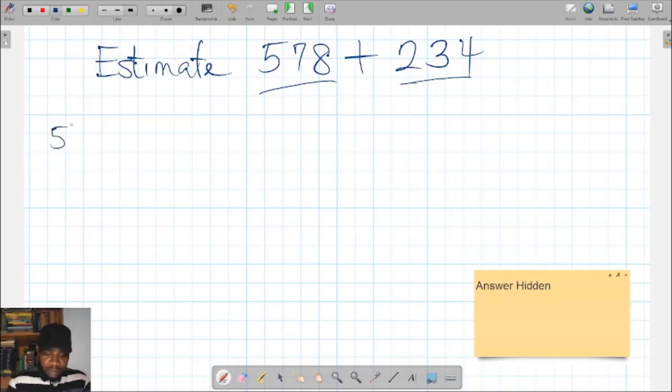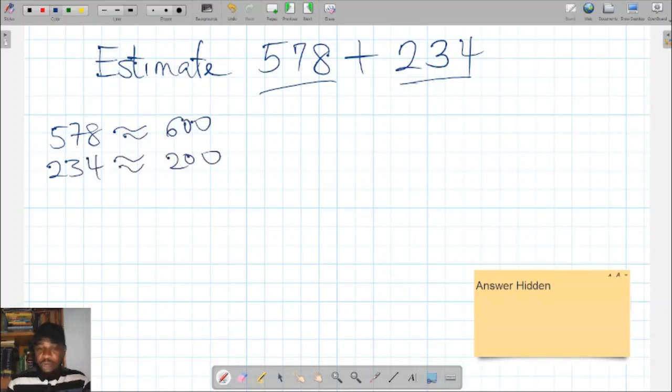So 578 is approximately equal to 600. 234 is approximately equal to 200. So instead of calculating 578 plus 234, I can just calculate 600 plus 200, which is actually easy to work with, and I get 800.